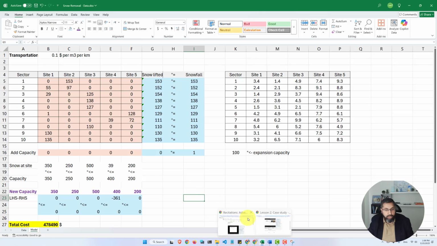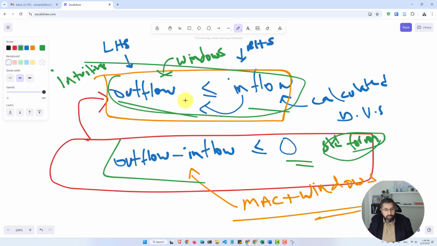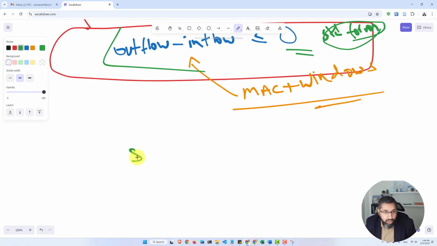Okay. So remember I just did this, just like outflow is less than or equal to inflow, but Mac had the problem, so you do outflow minus inflow is less than or equal to 0. I did the exact same thing. I had snow dumped at a site less than or equal to capacity.